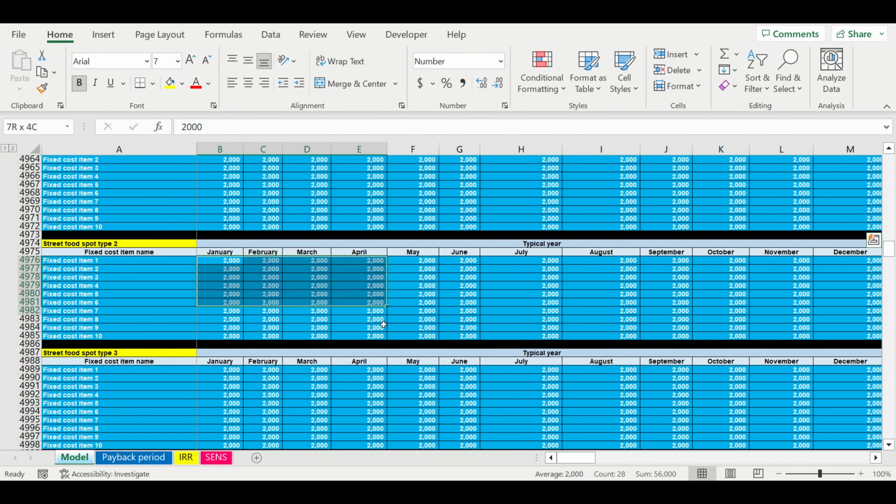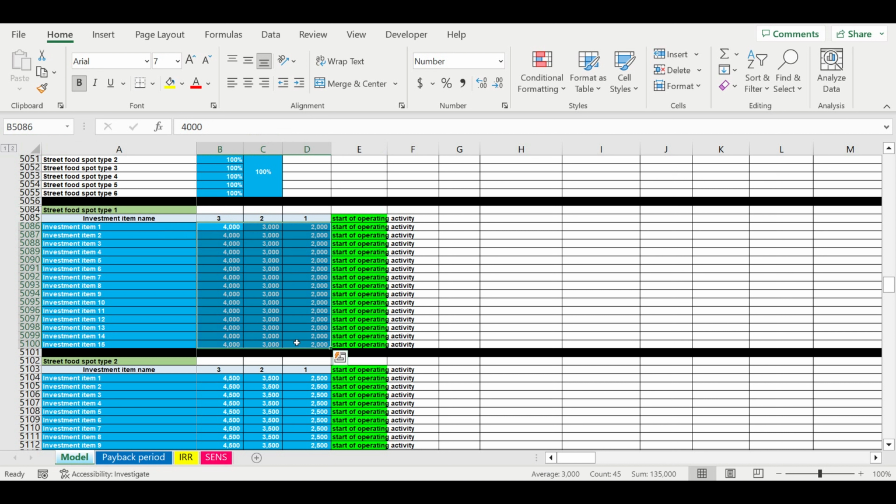Then we are moving to investment plans for each type of street food spot. So here is the beginning of operating activity, and before this operating activity starts, we have 3 months of an investment period, and here we specify what we invest in, when we invest, and how much we invest in just one street food spot type.